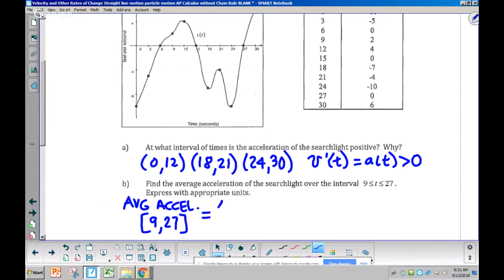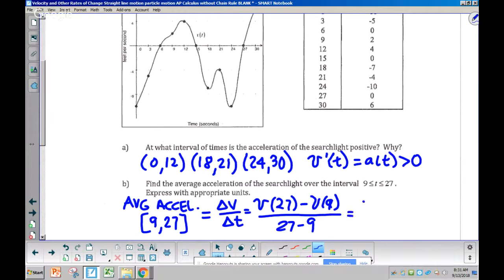It's going to be delta V over delta T, which is going to equal V of 27 minus V of 9, over 27 minus 9. So the velocity at 27 looks like it's, if I look at my chart here, 0 minus, at 9, 2, over 18. So that's negative 1/9.